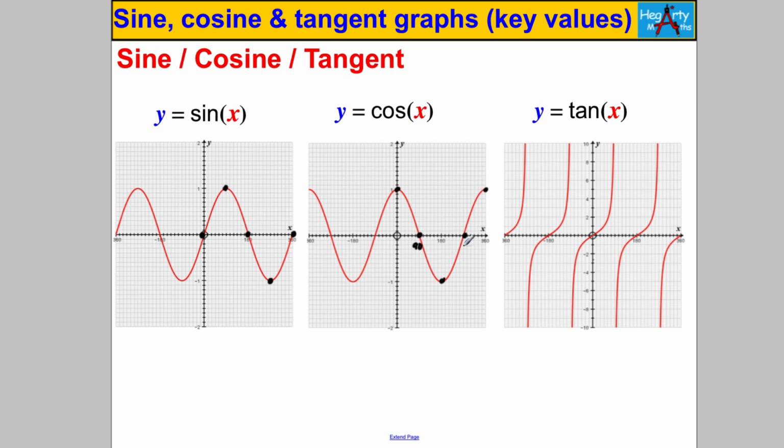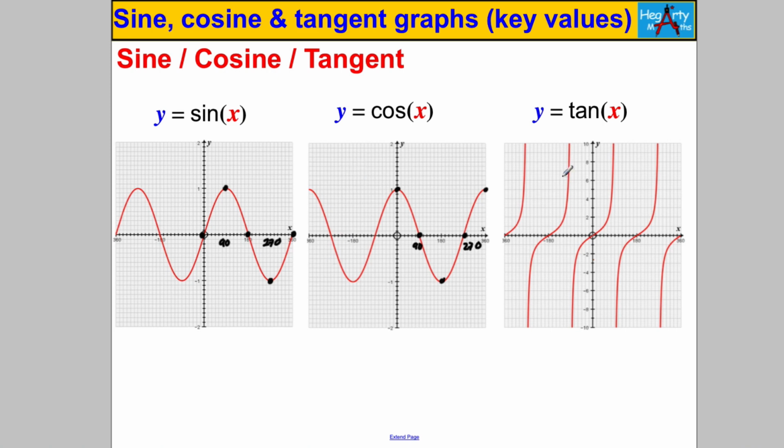So some key points on there that we should probably label: the 90 here, the 180 here, and the 270. If you know how the sine graph behaves at 0, 90, 180, 270, 360, you'll be able to draw it. Similarly, if you know how the cosine graph behaves when x is 0, 90, 180, 270 and 360, you'll be able to draw it. So you have to do a bit of memory there.